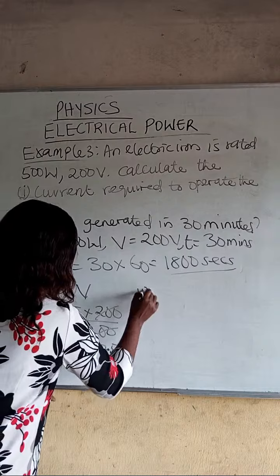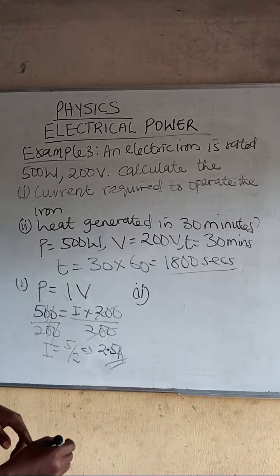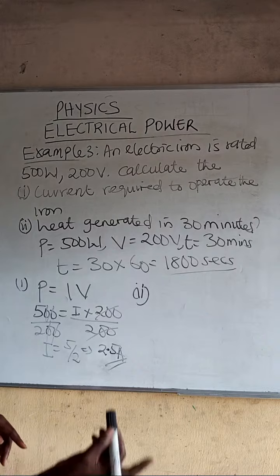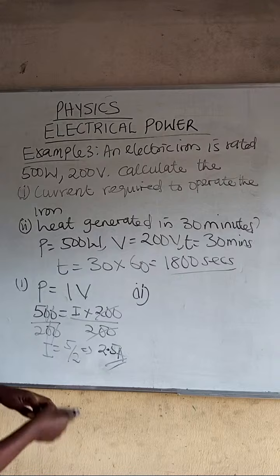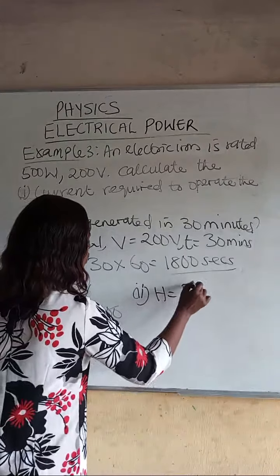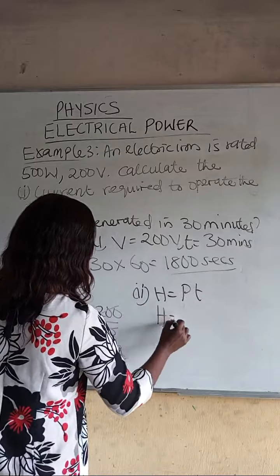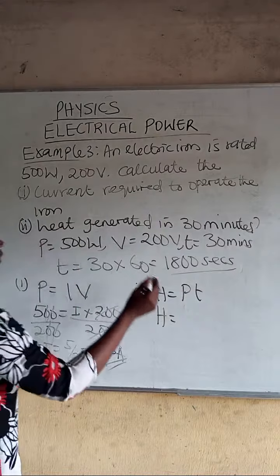All right. The next question is for us to get the heat generated in 30 minutes. And for us to get the heat, we can simply multiply the power by what? By time. Now, we say the heat is equal to Pt. Okay? What's my P? My P is given as 500.